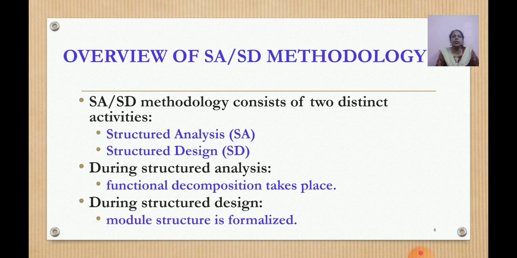When the main function is subdivided into sub functions, and sub functions are again subdivided into detailed sub functions, this is known as structured analysis. And during structured design, the module structure is formalized. When the functions and sub functions are mapped into modules, that is known as structured design.